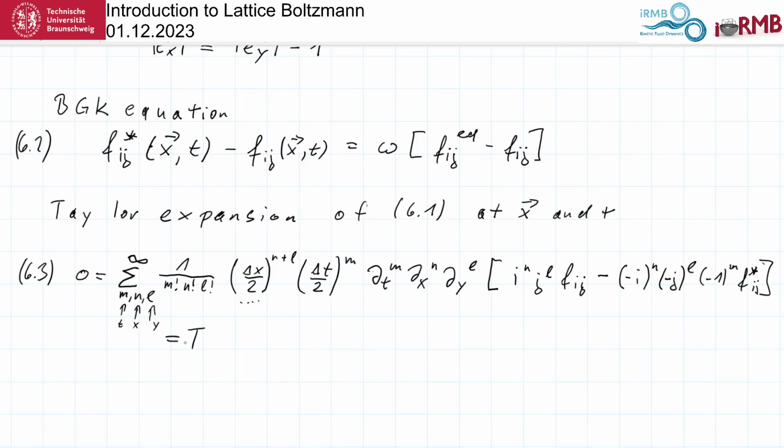The partial differential equation that describes the velocities. Usually the Navier-Stokes equation. So the entire exercise is we are looking for the Navier-Stokes equation in the Lattice-Boltzmann method. So this is what we expect.